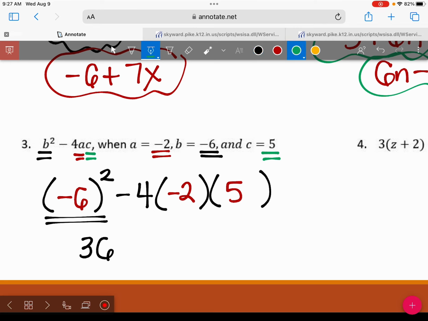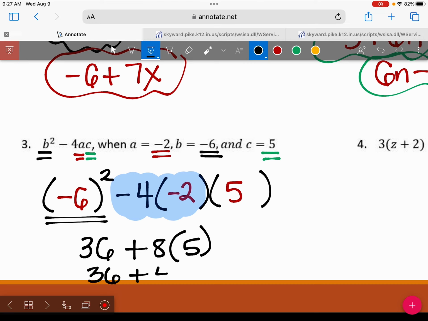So the first thing that I'm going to multiply is negative 4 times negative 2, which would be a positive 8, times 5. And then I'm going to multiply the 8 times 5, which would be a positive 40. And when you add those together, we get 76.